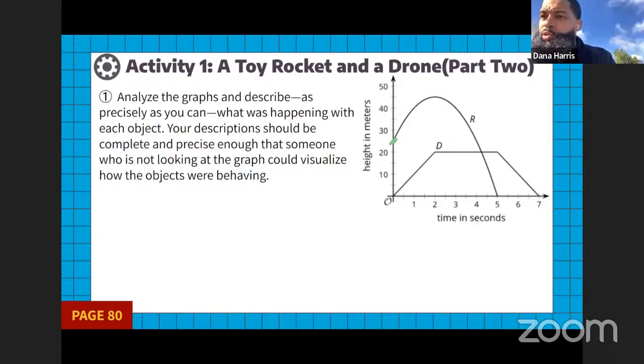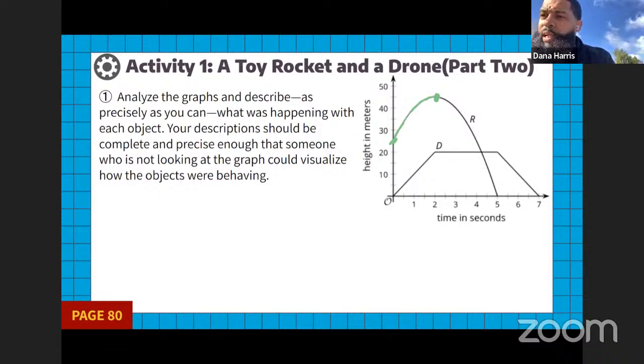And for the first 2 seconds, the rocket's path increased. So it went higher in the air until it reached a maximum point after 2 seconds of about 45 meters in the air. So we know the highest point of this rocket: it took 2 seconds to get there and it reached a maximum height of 45 meters in the sky, right?